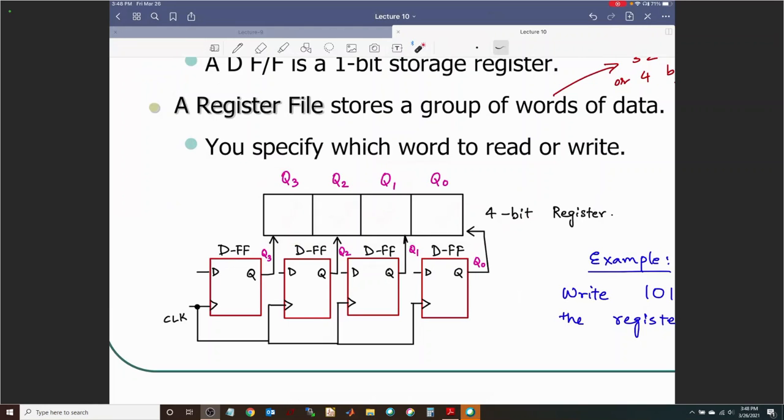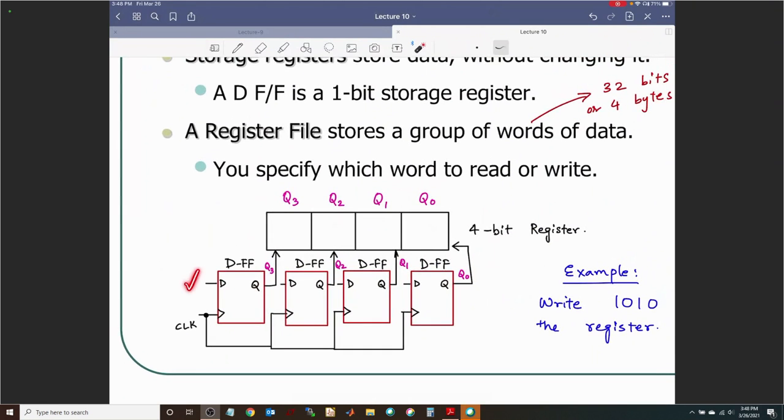I'm calling them Q0, Q1, Q2, Q3 because these are the outputs of 4 D flip-flops. The outputs of the flip-flops are what the register holds temporarily. And then you can change it by connecting new things to the inputs and clocking them in.